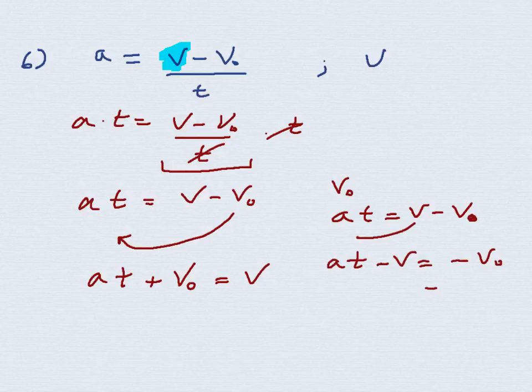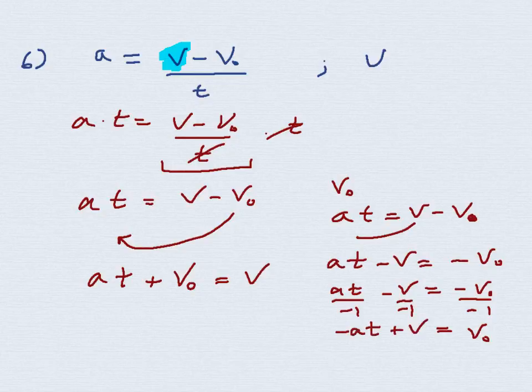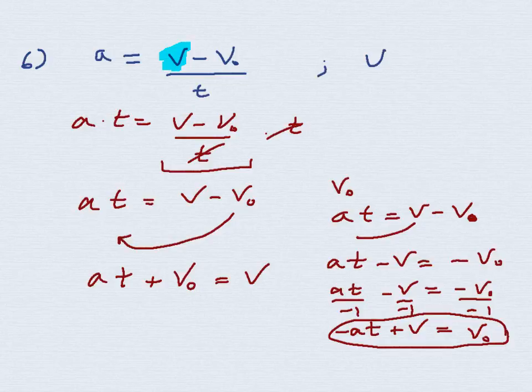You've got to divide every single term by a -1 to get the negative to cancel. What that means is every single term is going to change its sign. So you're going to be left with a positive VO, a minus AT, plus a V.